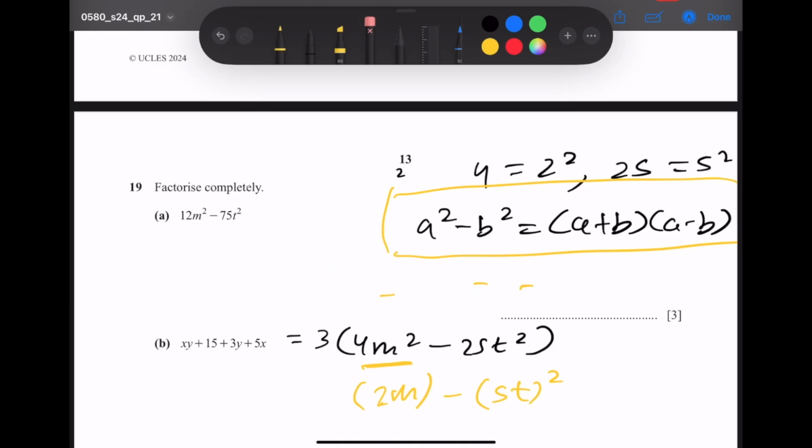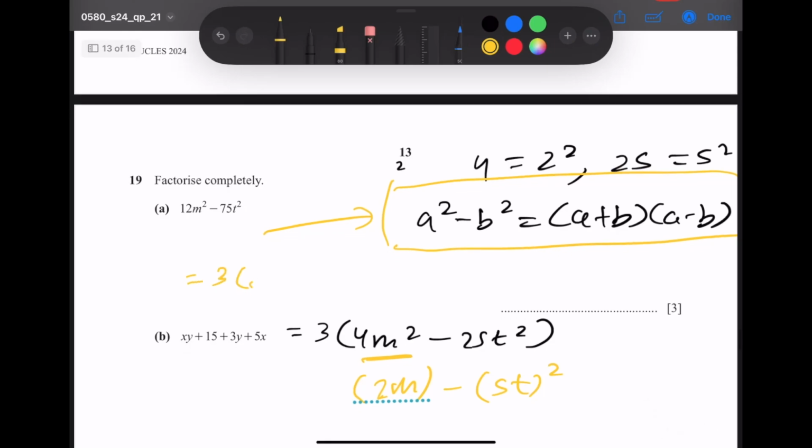So since 4m square minus 25t square can be rewritten as a square minus b square, i.e. this identity here, this means that we can rewrite the inner bracket as 3 times a plus b, which is 2m plus 5t. A plus b is done. Now a minus b. So 2m minus 5t.